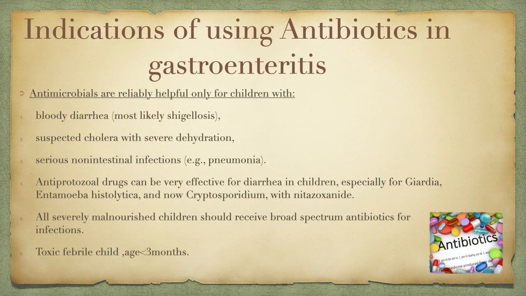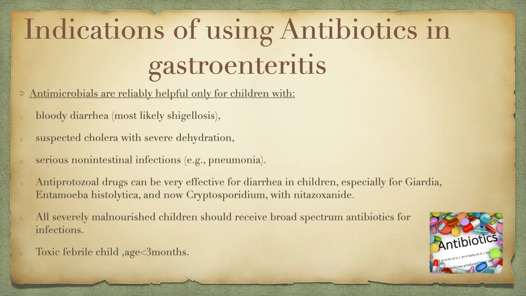We have only certain indications for using antibiotics in a case of gastroenteritis. It's used only for children with bloody diarrhea, mostly resulting from Shigella. Also in a case where we suspect cholera with severe dehydration, or any serious non-intestinal infection, like if the patient develops pneumonia, meningitis and others.